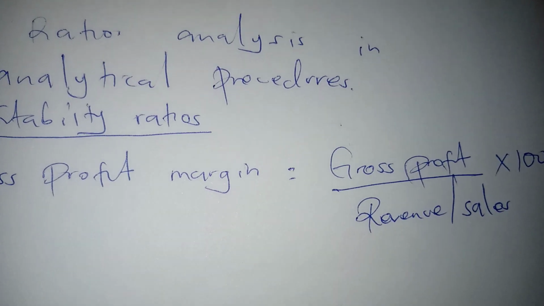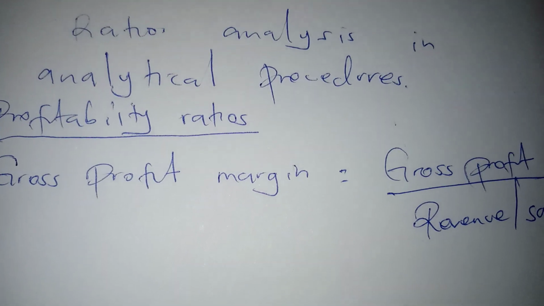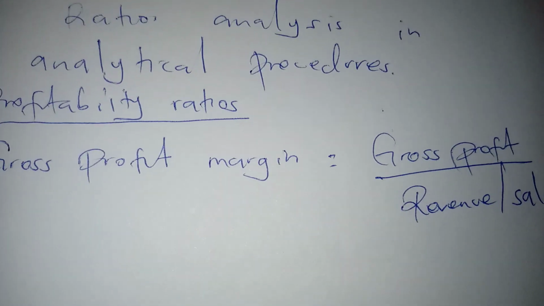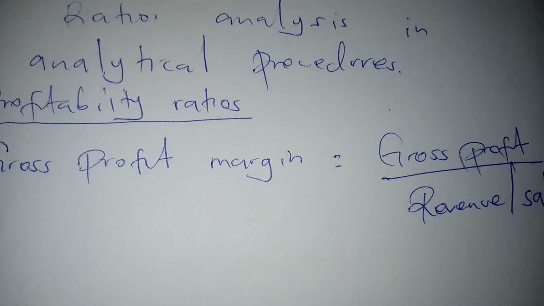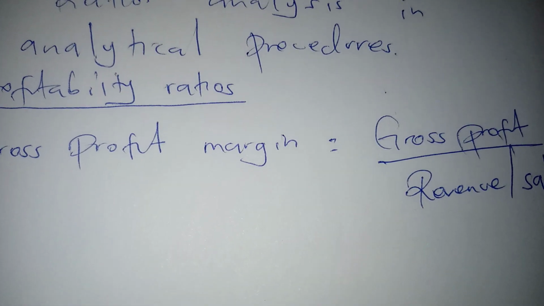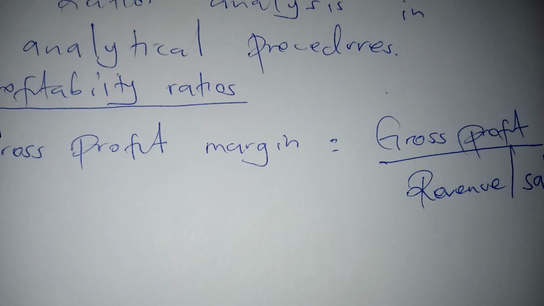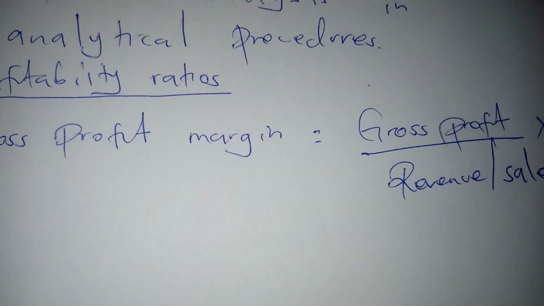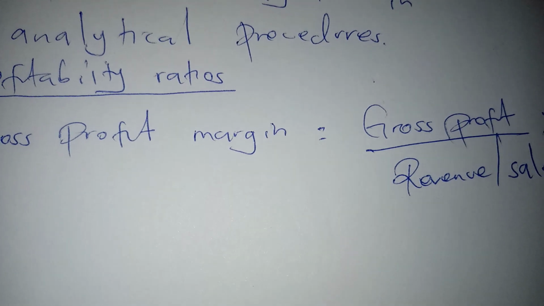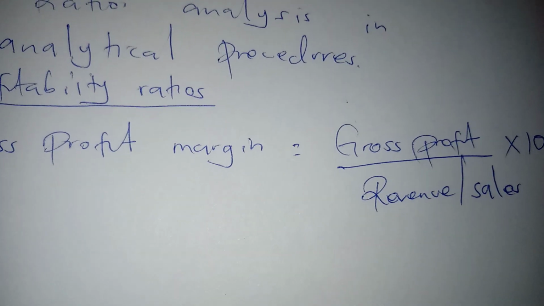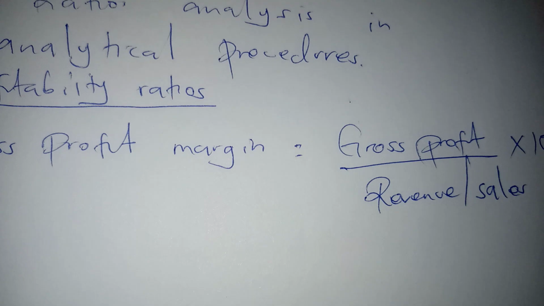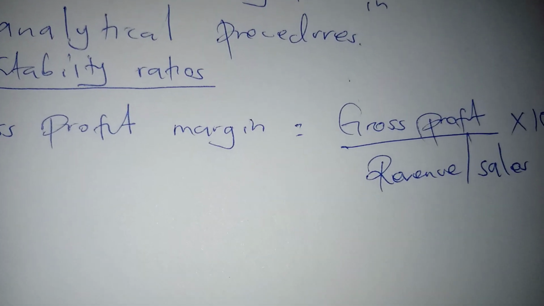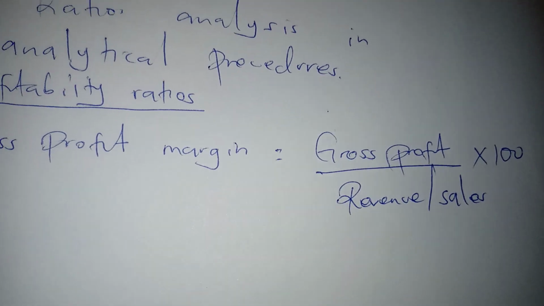When you are calculating these ratios, you want to analyze and see whether there is a difference. If there is any change in revenue, that is supposed to be discussed with the client. For example, if revenue declined, like the previous year it was high and the current year it is low, you discuss the difference with the client to find out what went wrong.